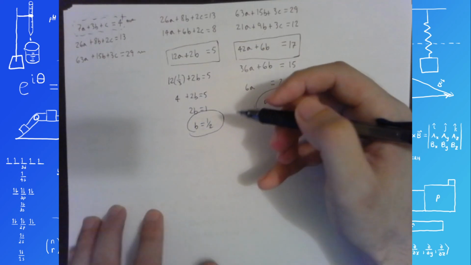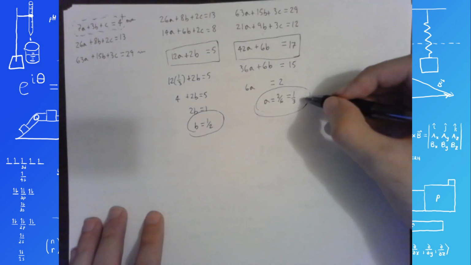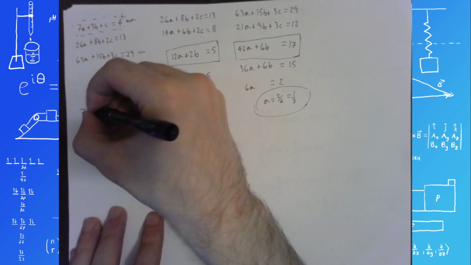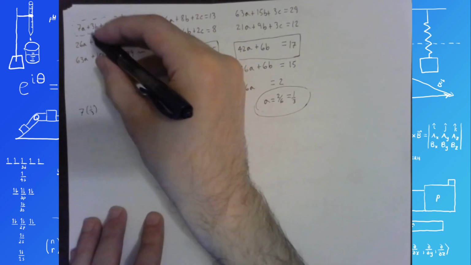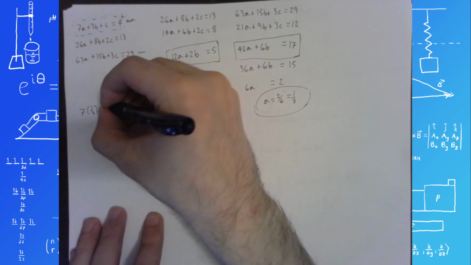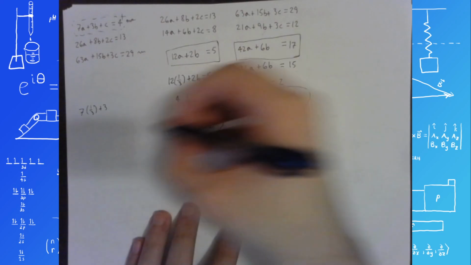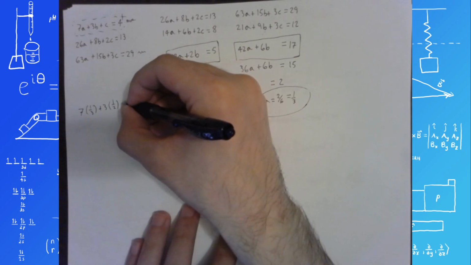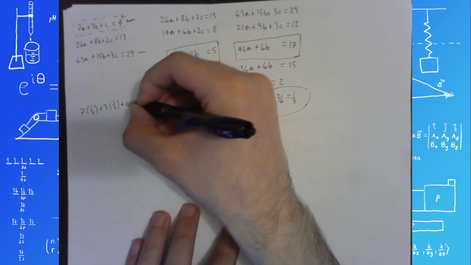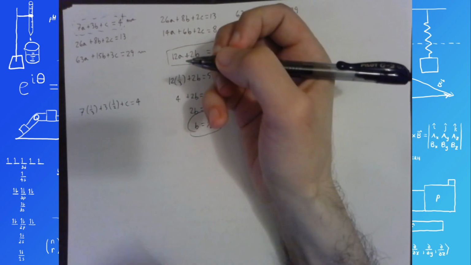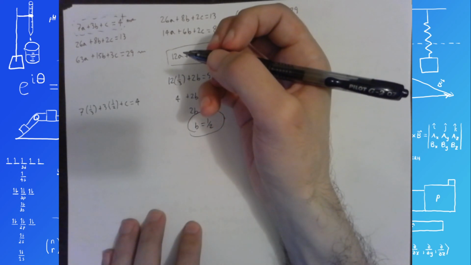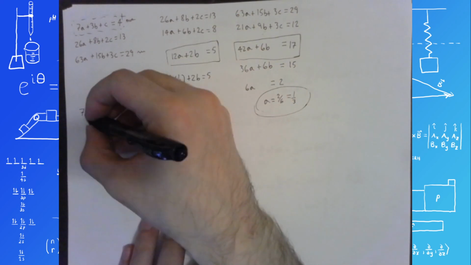To find c. So 7 times 1/3 plus 3 times 1/2 plus c is equal to 4. I'm going to multiply everything by 6 to clear the fractions.